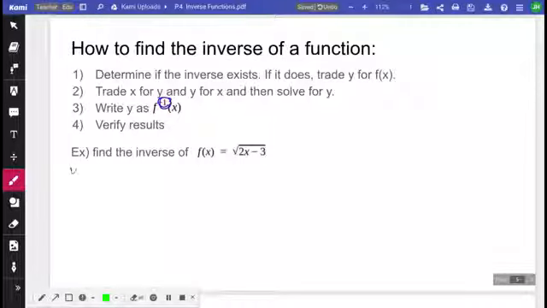So I'm going to rewrite this as y equals root 2x minus 3. That's step 1. And we need to look at the graph too. If you know what this square root function is, we talked about it earlier, it is a function that starts here and goes here.